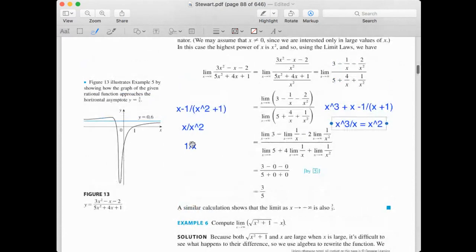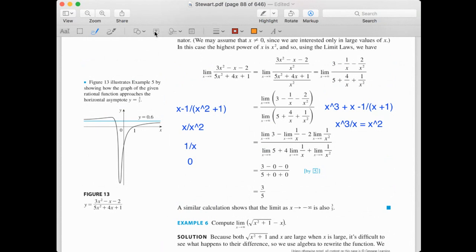Okay, I gave 2 examples, right? In one example, the degree of the numerator is lower than the denominator. In this case, we get 0 when x approaches infinity. In the other case, the degree of the numerator is higher than the denominator.